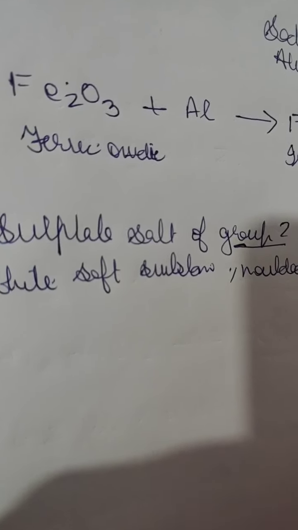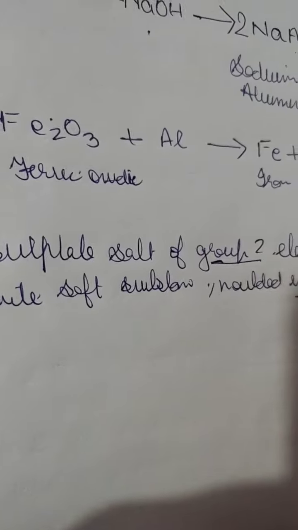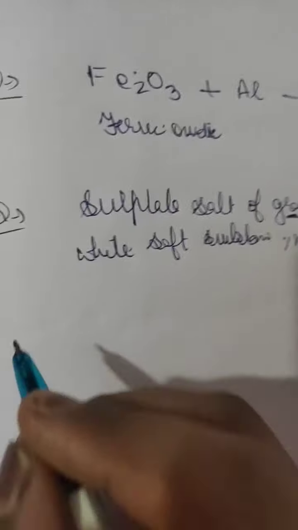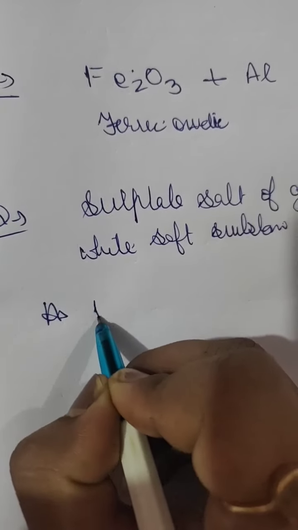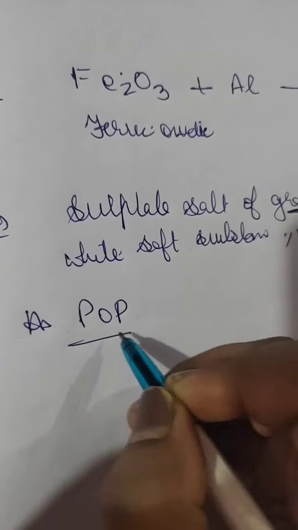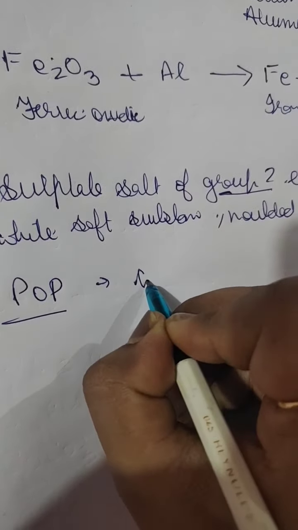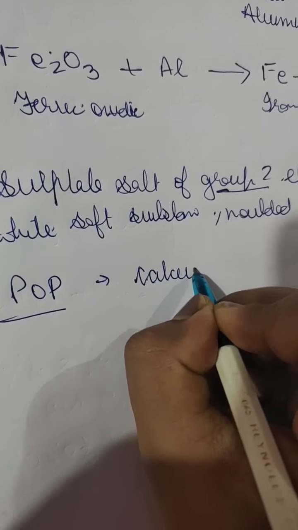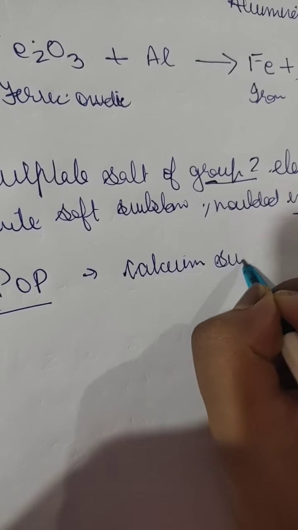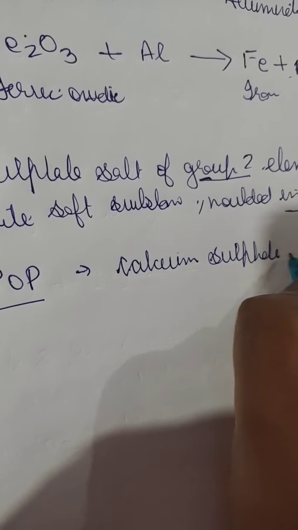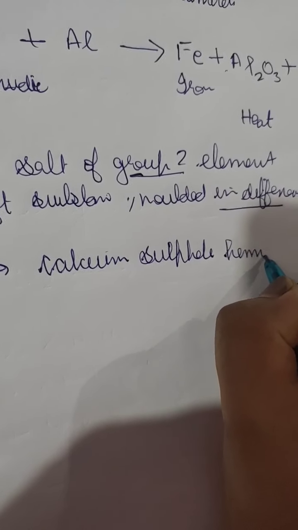So now the substance which is used for making different shapes is plaster of Paris. So the answer is plaster of Paris. I'm writing POP here, it's plaster of Paris. And the chemical name is calcium sulfate hemihydrate.